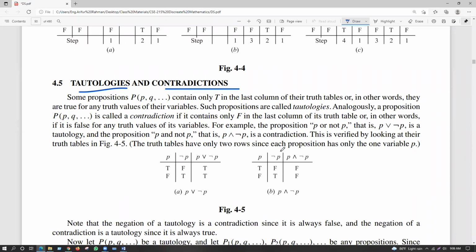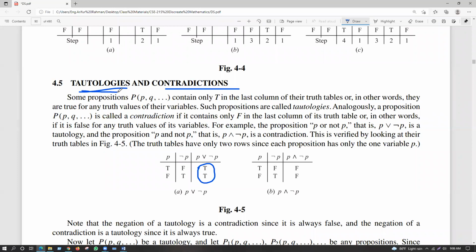Okay, that's very easy to understand. Just concentrate. A tautology is a statement which has only the truth value, only the truth value true. That means for any entry for P and Q, the proposition is true.